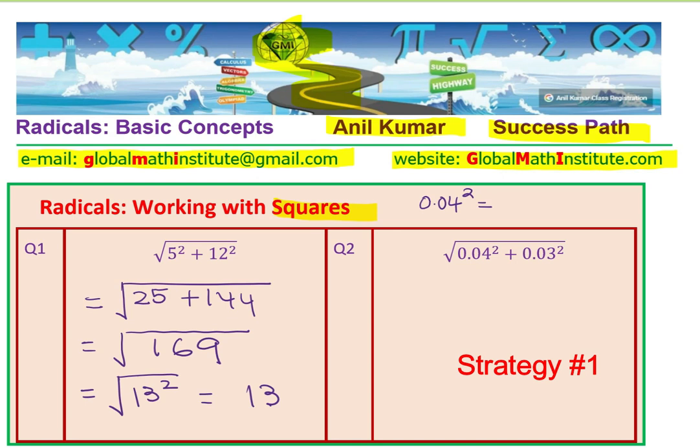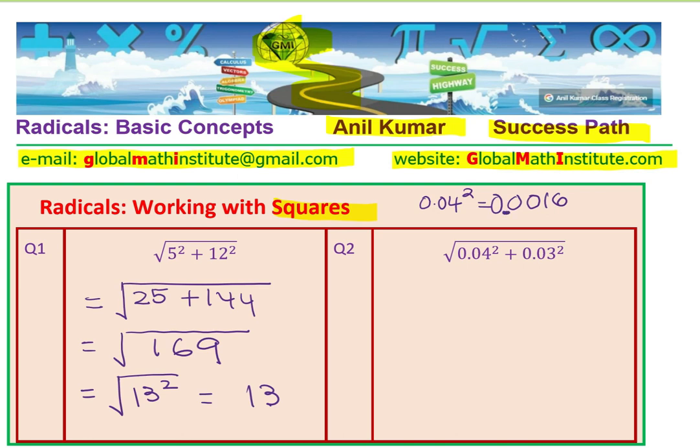We know 4 square is 16, and therefore, since it is a decimal number, should it be 0.16, or 0.016, or 0.0016?